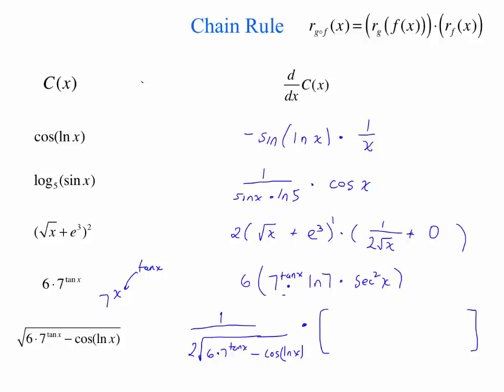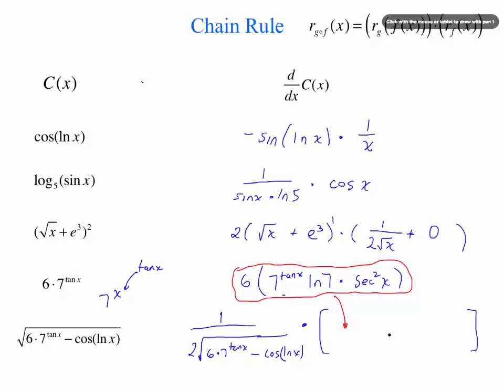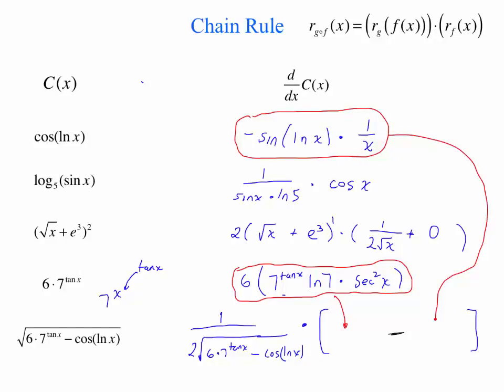What we did here, which was constant multiple and chain rule. So I'm just going to take this right here. This is the rate of change of that, so it's going to go there. See that? Minus what we did up here, the rate of change of cosine of ln of x. So that thing is going to go there.